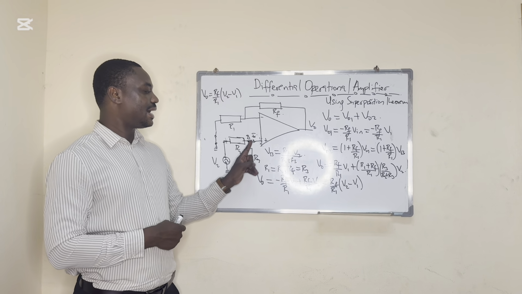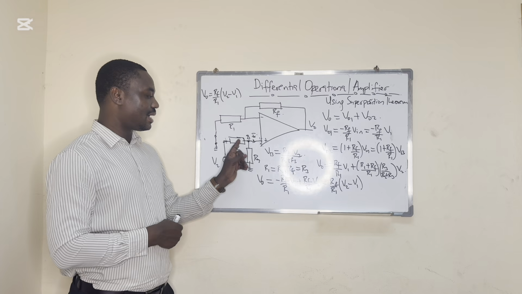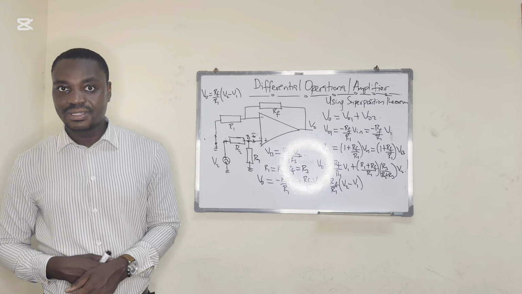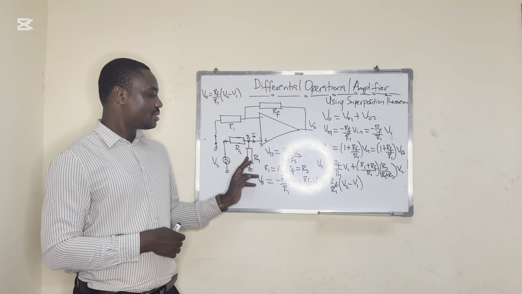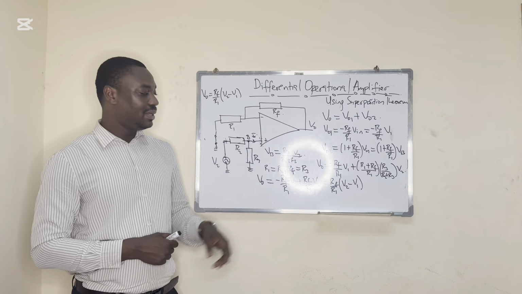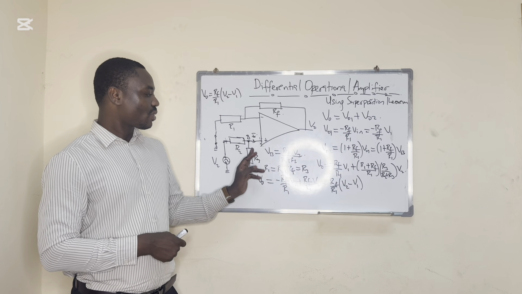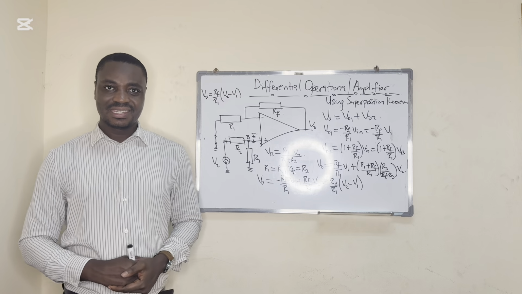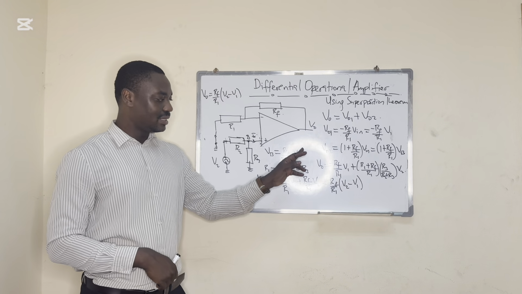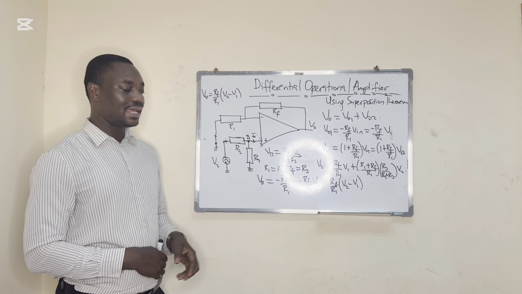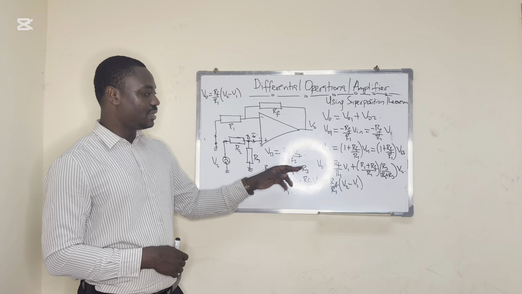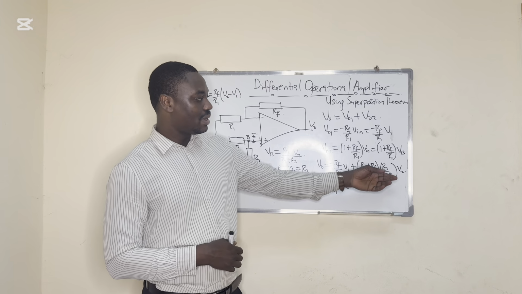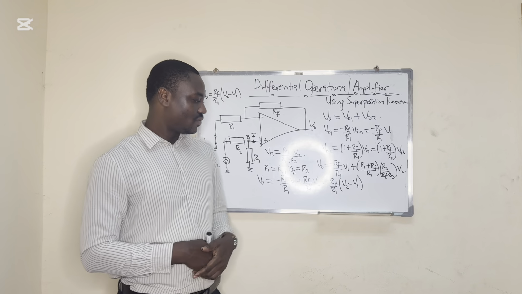And remember, I is 0, so R2 and R3 are in series. To get the voltage across R3, which is the voltage at node B, that will just be equal to the resistance R3 over the sum of the resistors in series, R2 and R3, times the voltage supply here, which is V2. So we get VB equals this. Then we come and replace VB, and we get this formula.